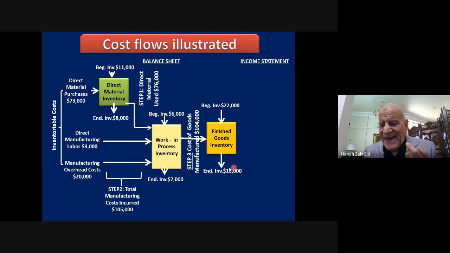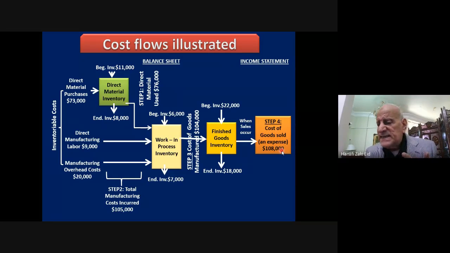So subtracting this amount from the total cost of goods available for sale will give us the cost of goods sold. Cost of goods sold will be $108,000.